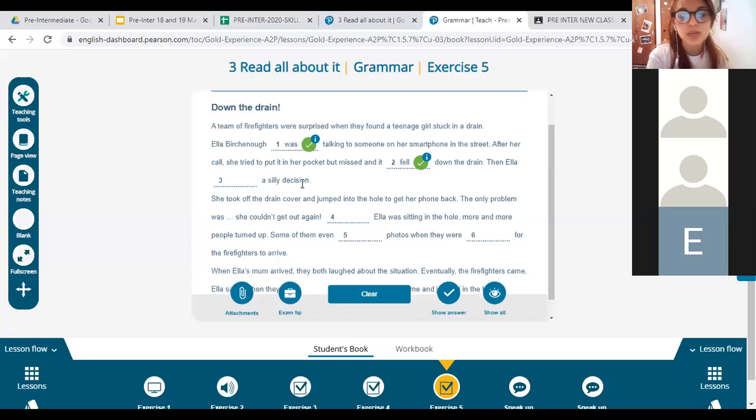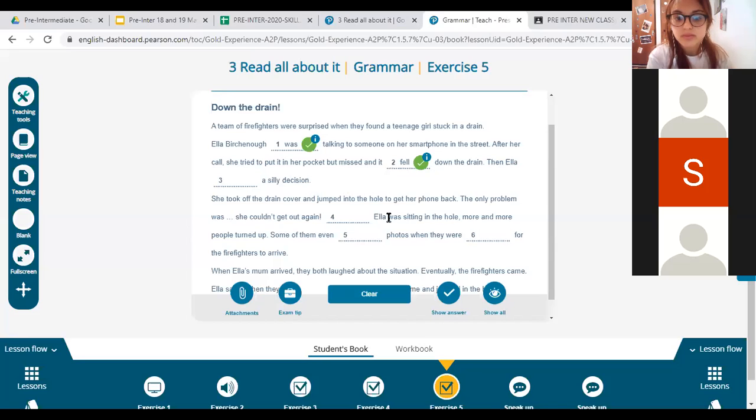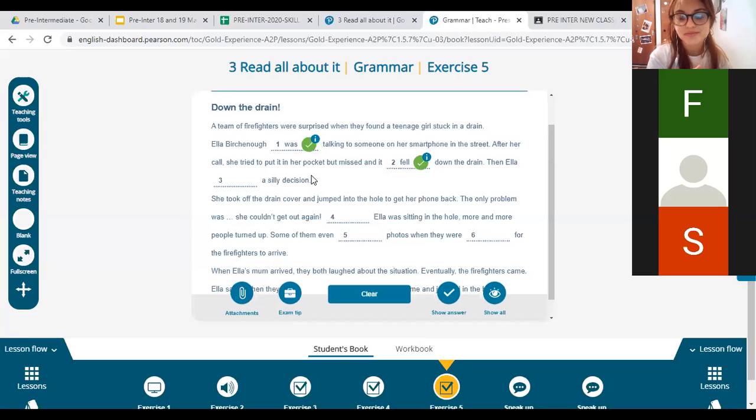Simona, can you do the next one? Then Ella did a silly decision. Do we do decisions? Which word would you use with decision? Take? You make.